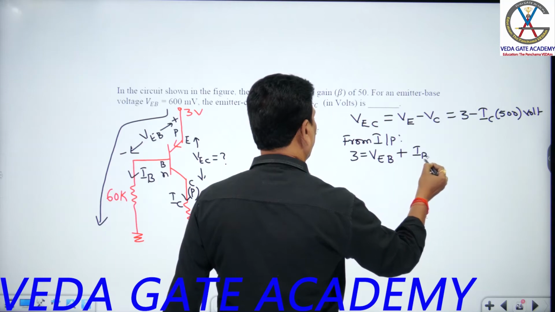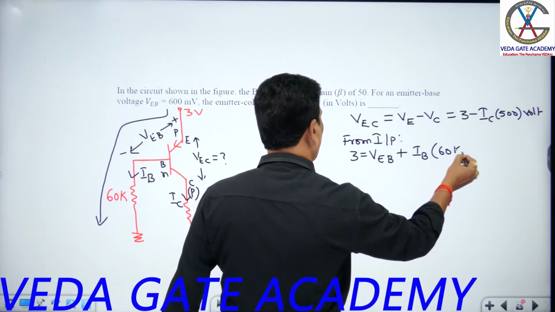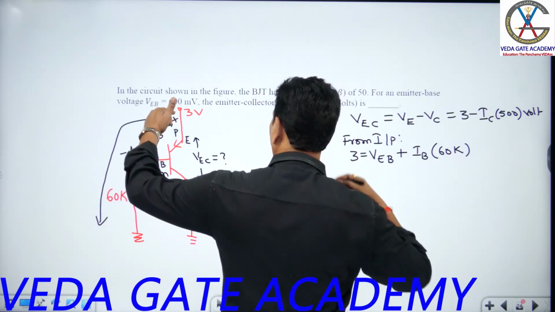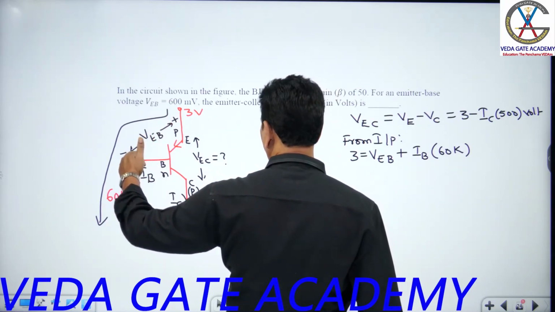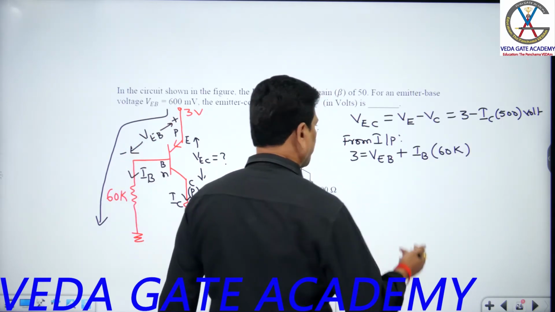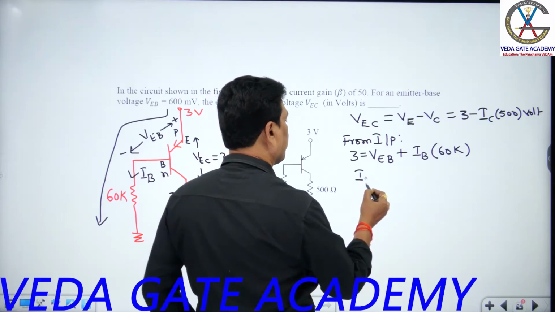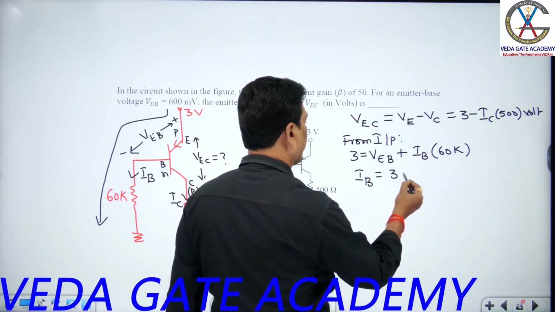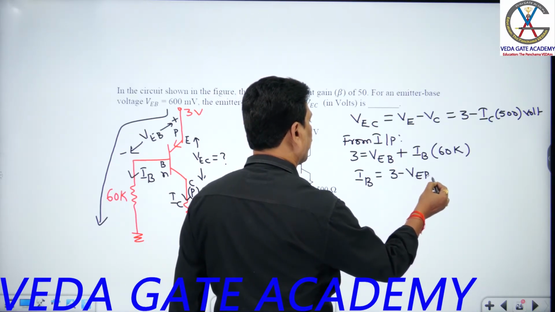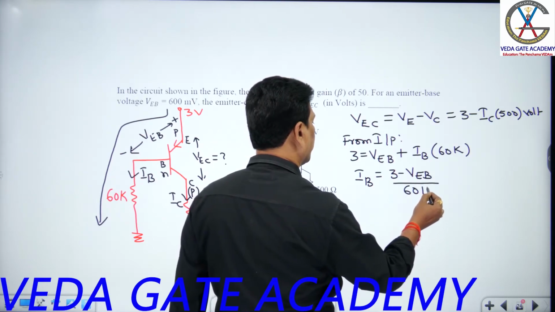This is the input loop. Applied is 3. Here the drop is VEB. Here the drop is IB into 60K. So IB equals 3 minus VEB by 60K, students.